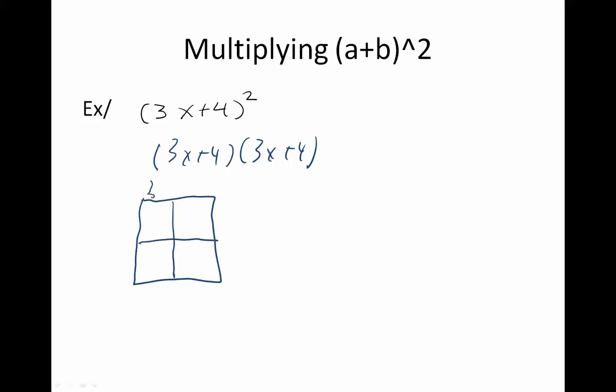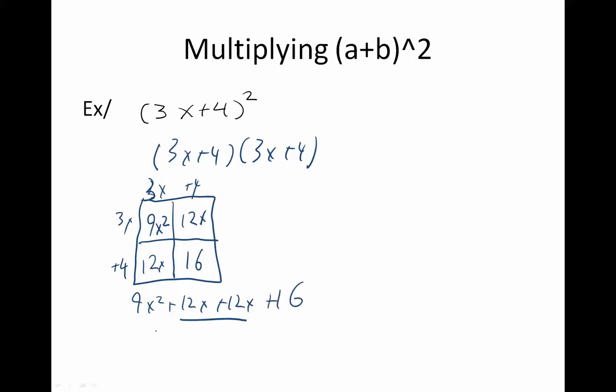So we have 3x plus 4 and 3x plus 4. 3x times 3x is 9x squared. 3x times 4 is 12x. 3x times 4 is 12x. And 4 times 4 is 16. So my final answer, combining these like terms, is 9x squared plus 24x plus 16.